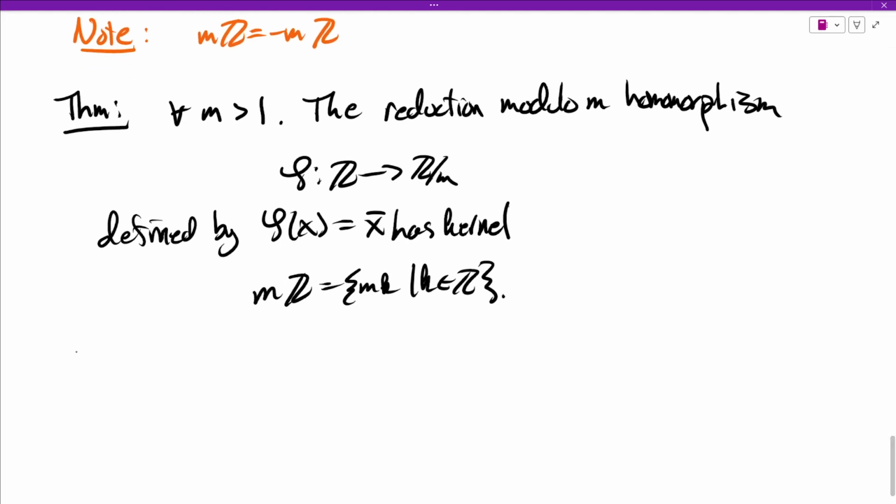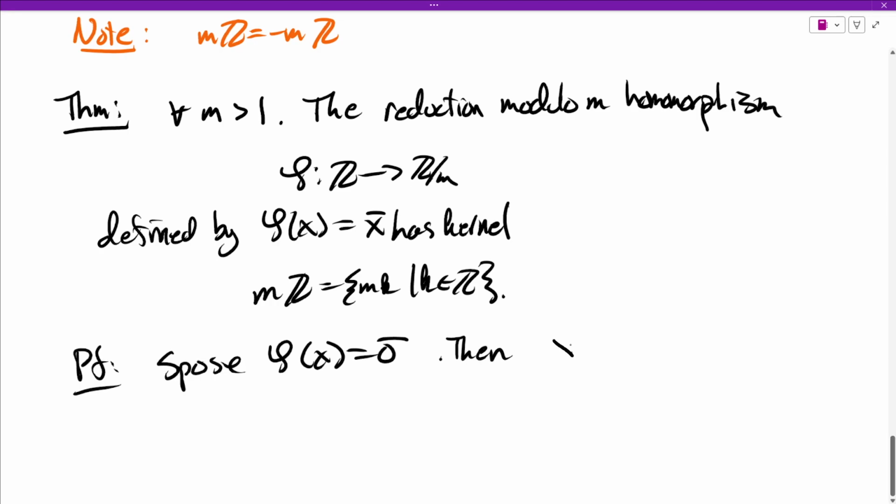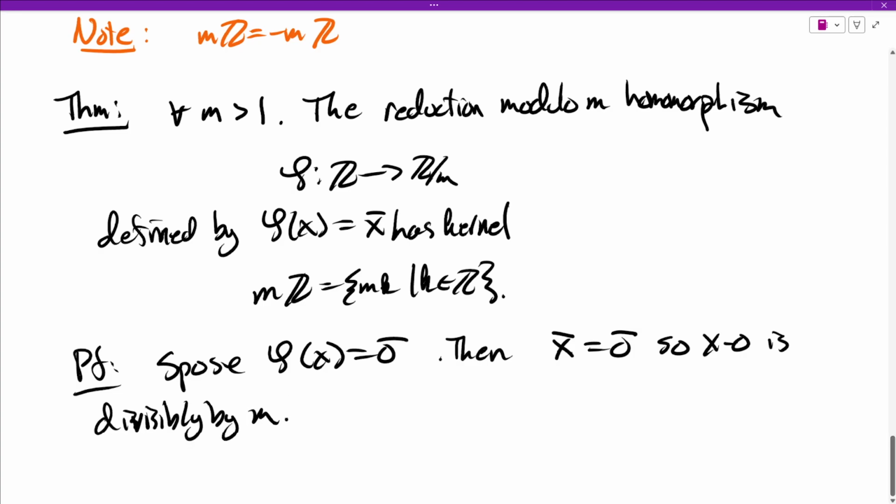Okay, proof. This is again not hard. Suppose phi of x is 0. Then what do we know? Well, x bar, which is phi of x, is 0 bar. So x minus 0 is divisible by m. That's how you are 0 in Z mod m.